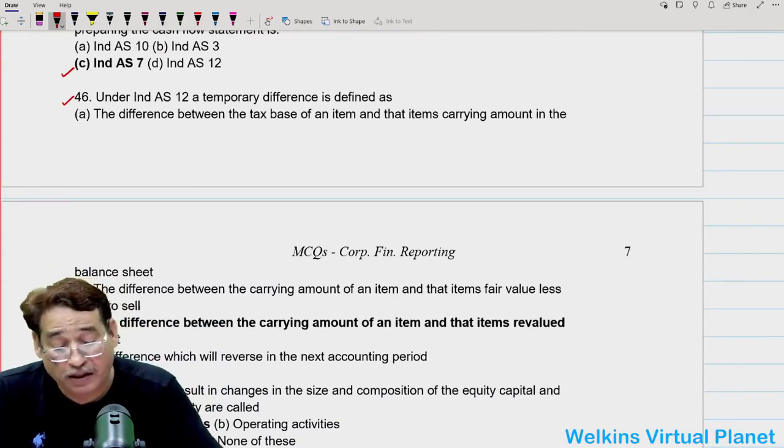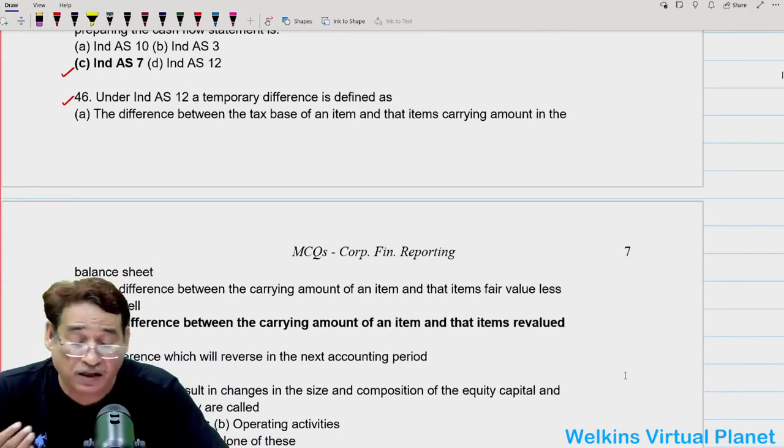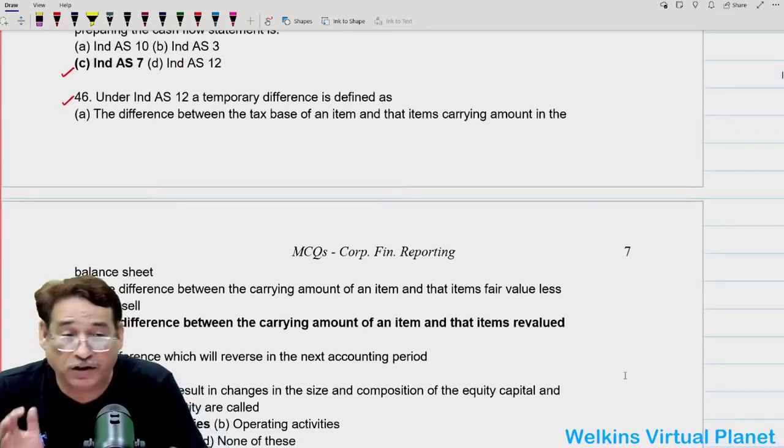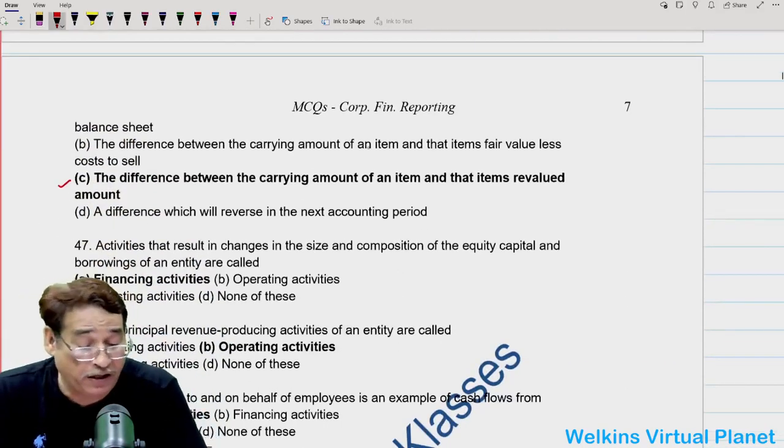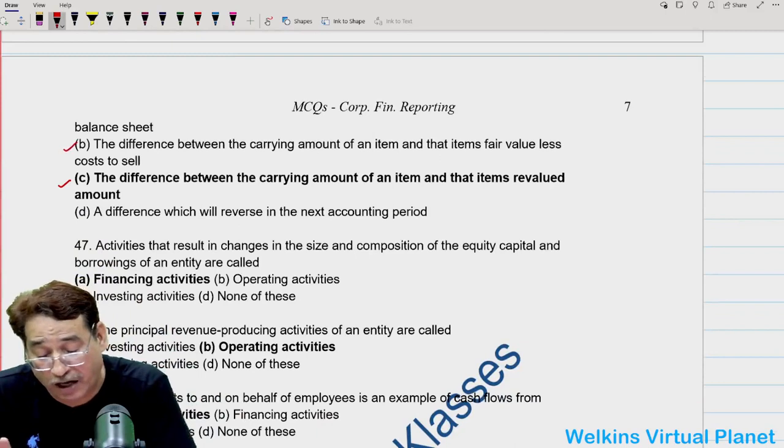Correct? But that is not always the case, because that depends upon whether our tax base is more than the carrying amount or not. B, the difference between the carrying amount of an item and that item's fair value less cost to sell. Again, this cannot be the answer.